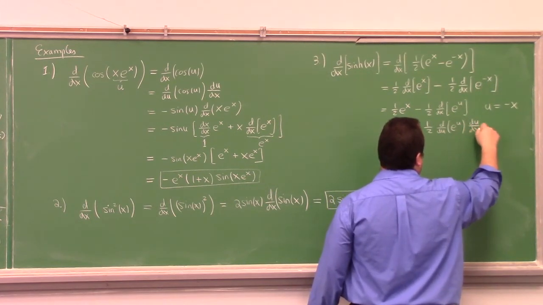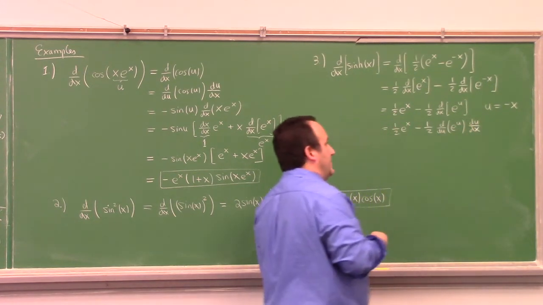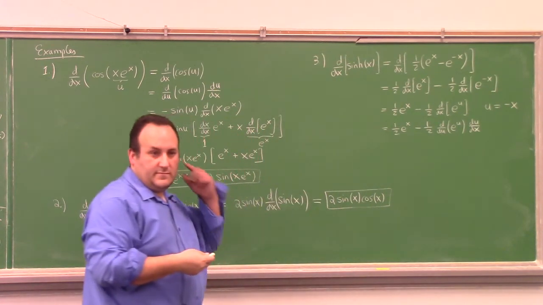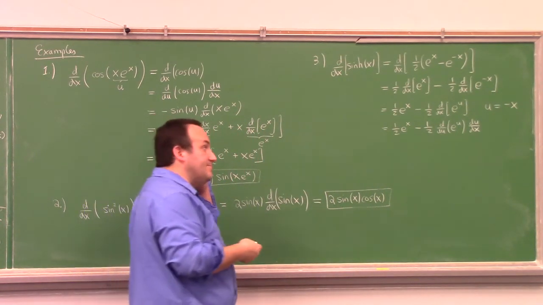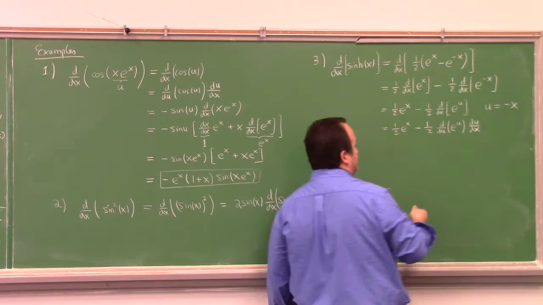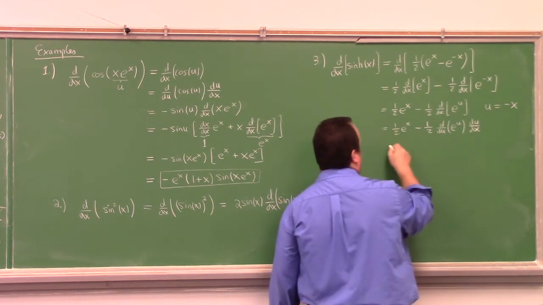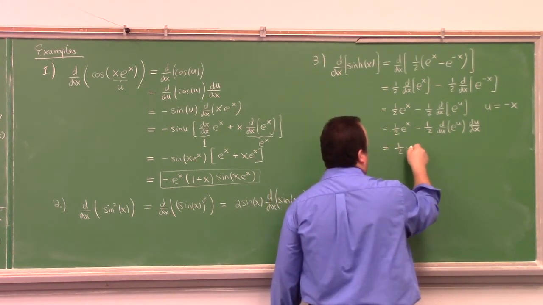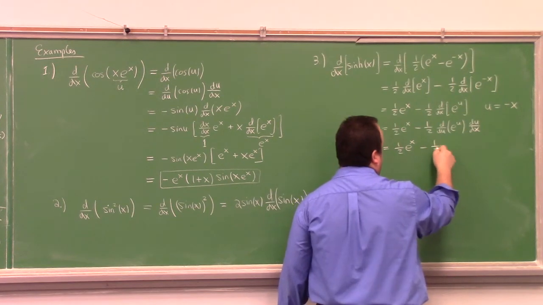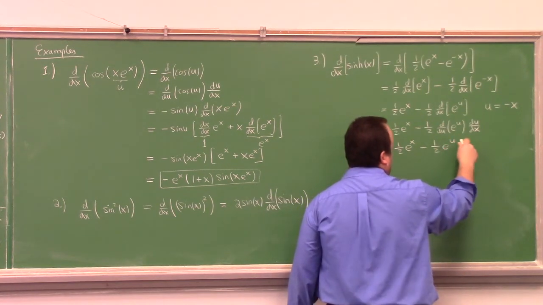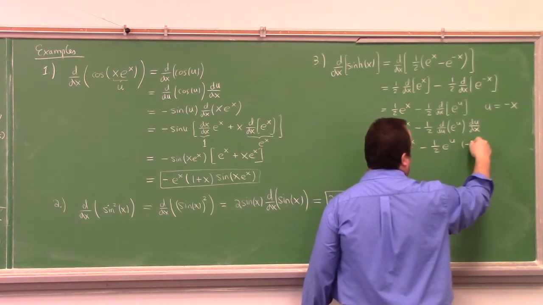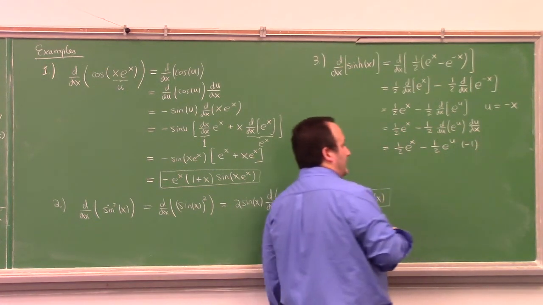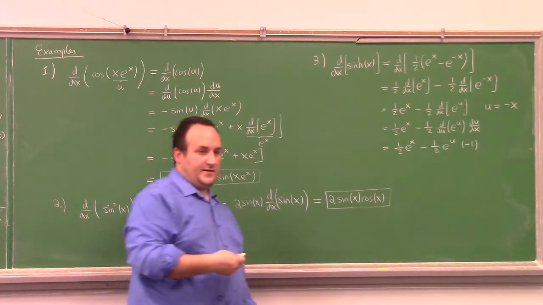We always have to multiply by the derivative of the inside function u. That's the chain rule. But of course, that's 1/2 e to the x minus 1/2 e to the u times minus 1, right? du/dx is minus 1 here.